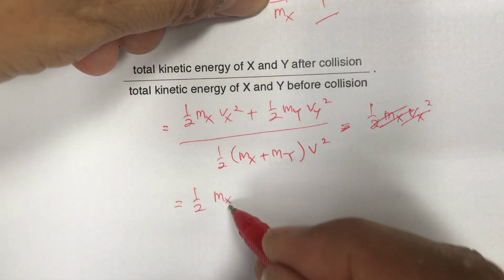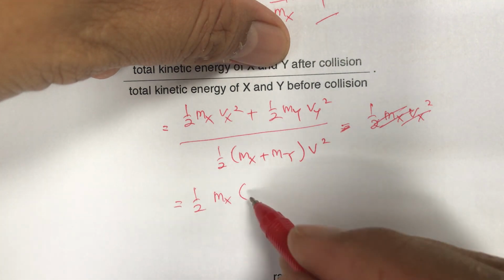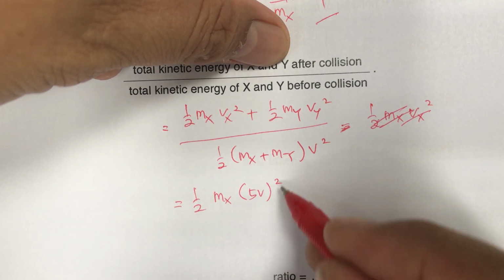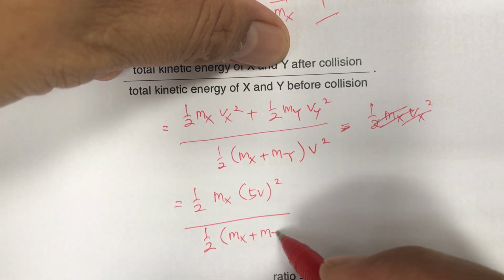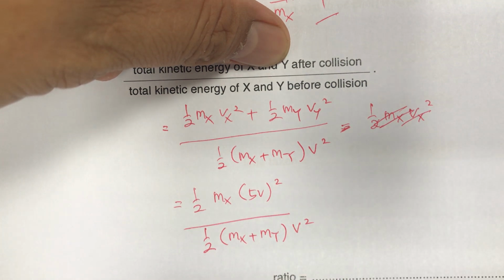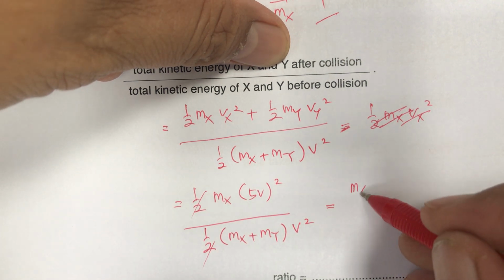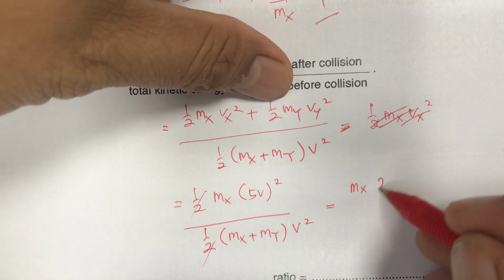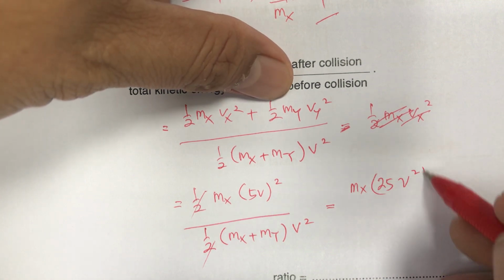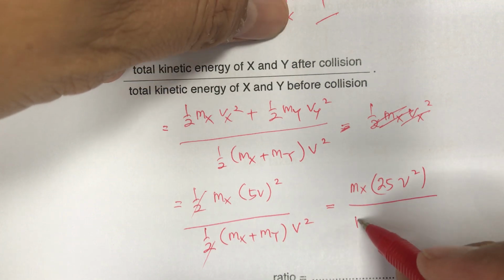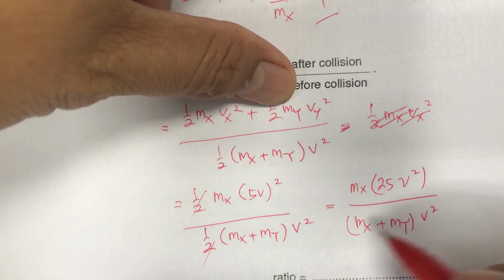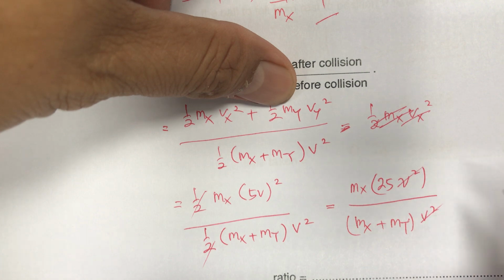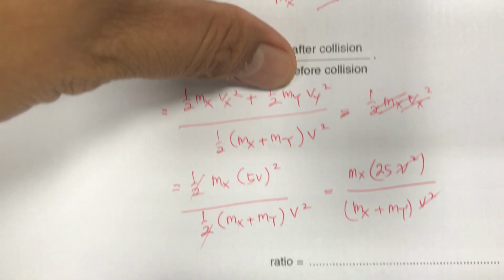A half mx times 5v squared, divided by a half mx plus my, times v squared. We can cancel the half and v squared.